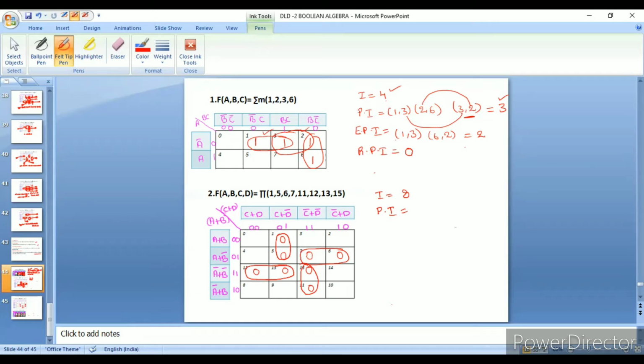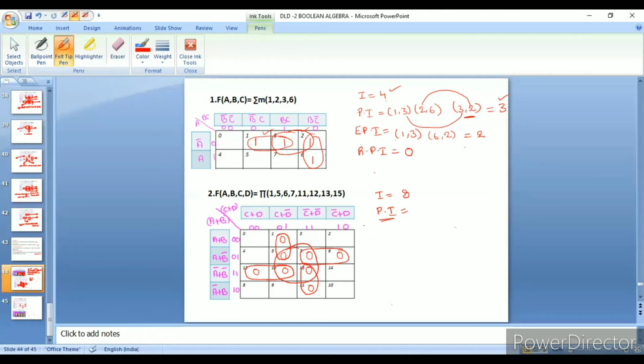According to the K-map rule, this is the way to group the min terms. But we need to check for this particular problem. If you want the prime implicants, we can consider all possible combinations. That is the reason 5, 7, 13, and 15 is also another possibility to group these max terms.